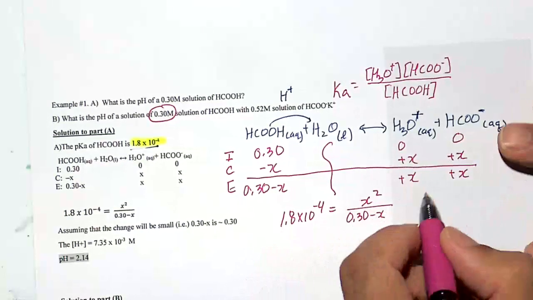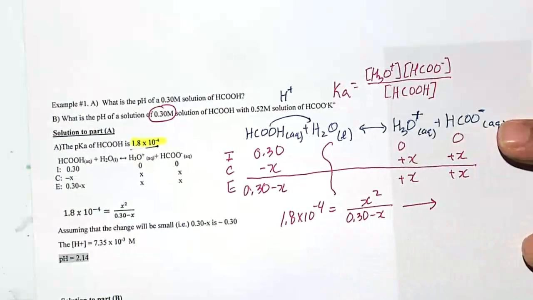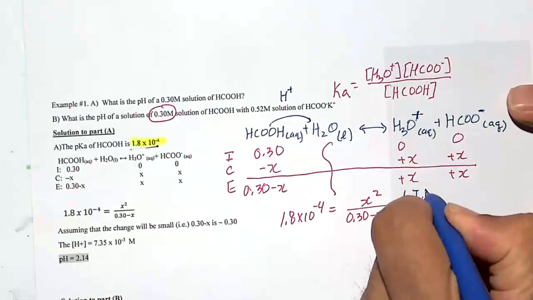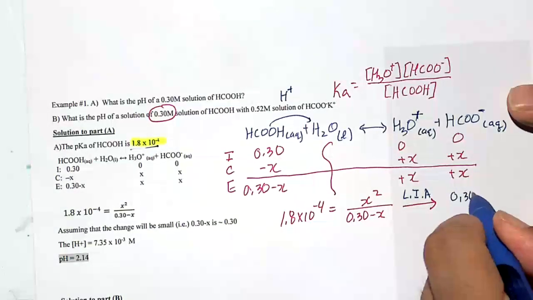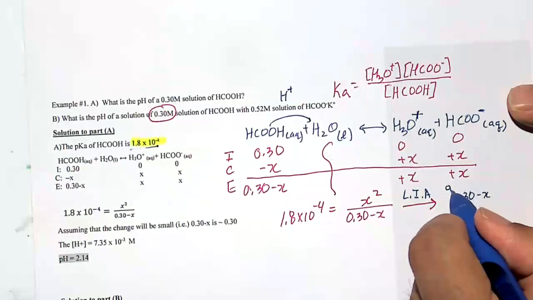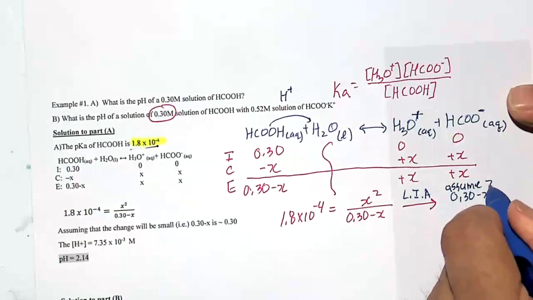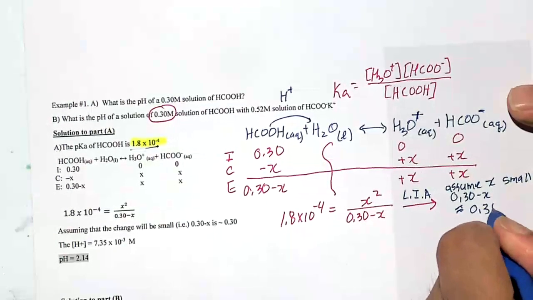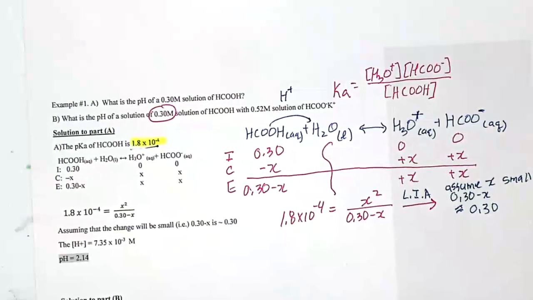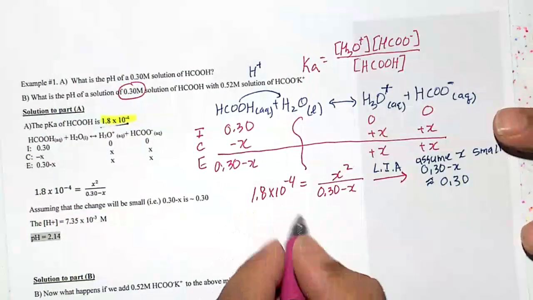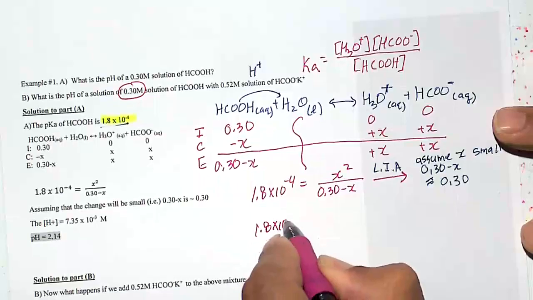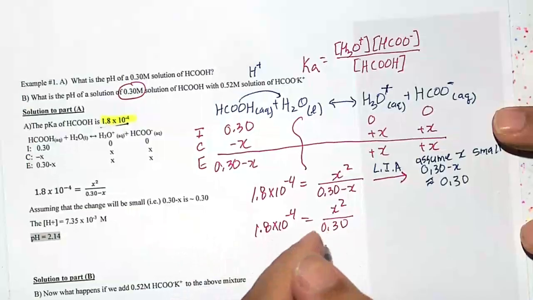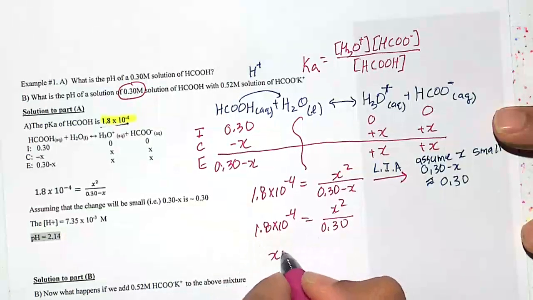So plugging those equilibrium constants in. Next thing you want to do for your quiz, test, homework, at least in my class, there's no quadratic, so we can do the low ionization assumption. We assume X is small. And then we'll solve for X.